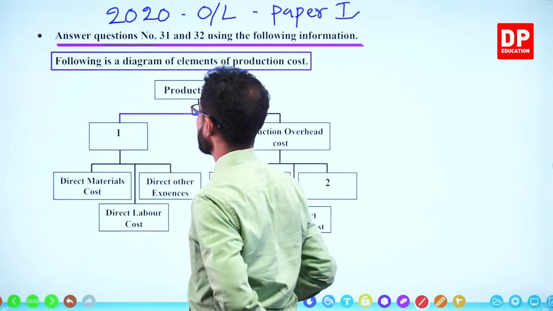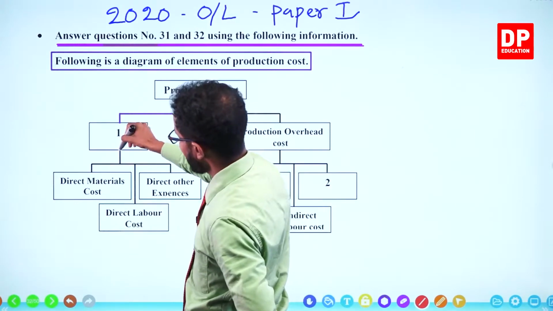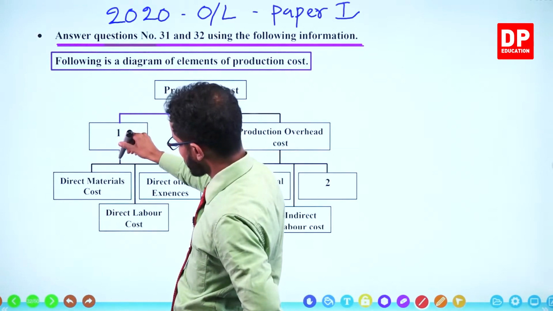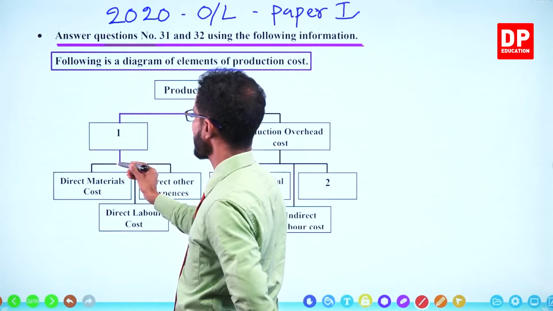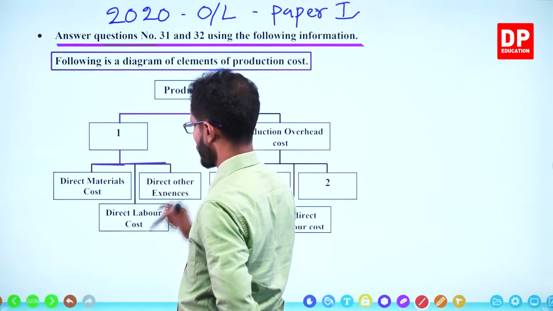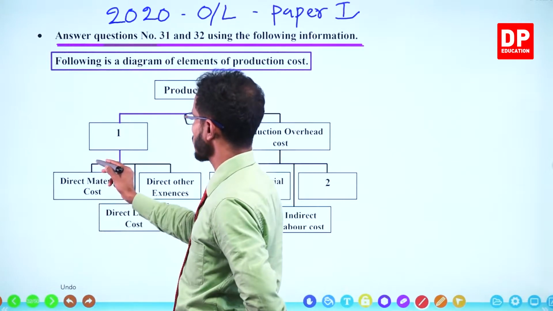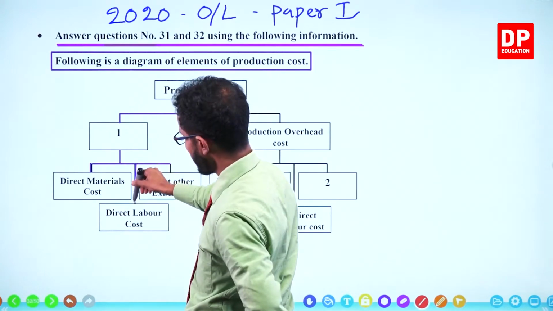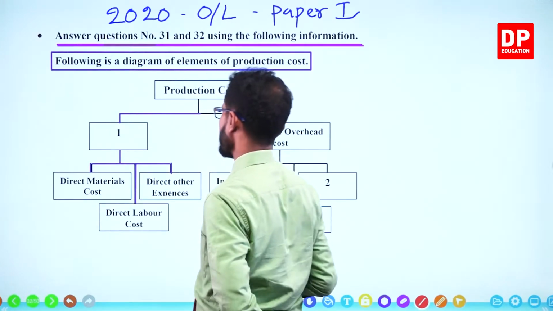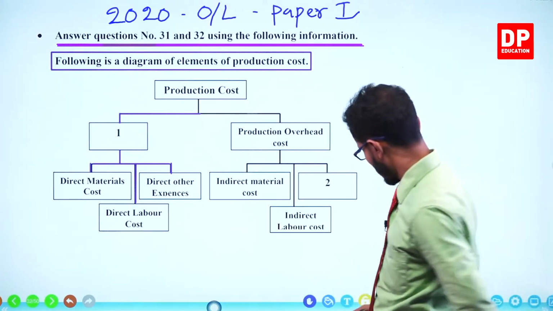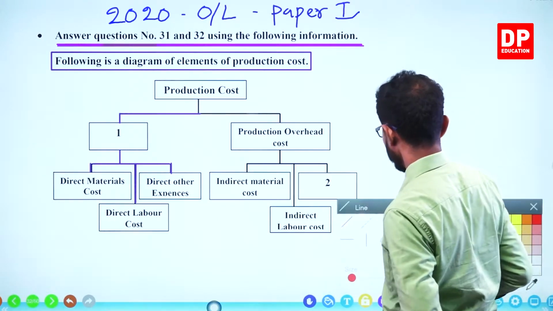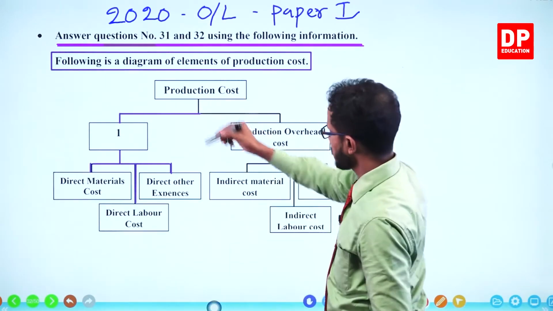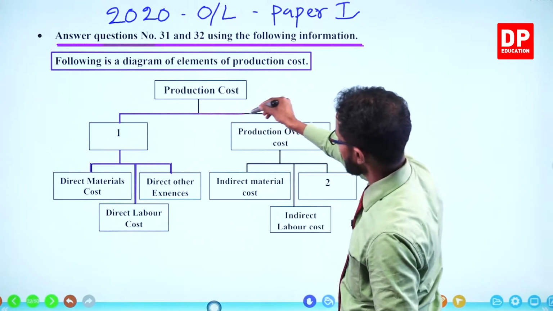And the first box is a blank. Then the first box again gets divided like this. Then you get direct materials, direct labor, and direct other. All right. And the opposite side, we will use this color.